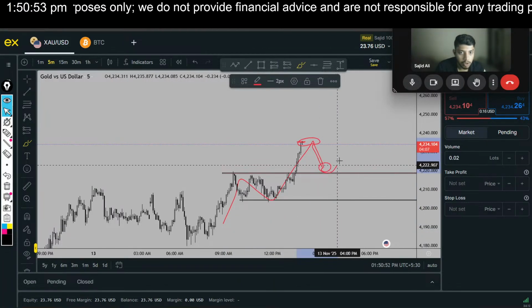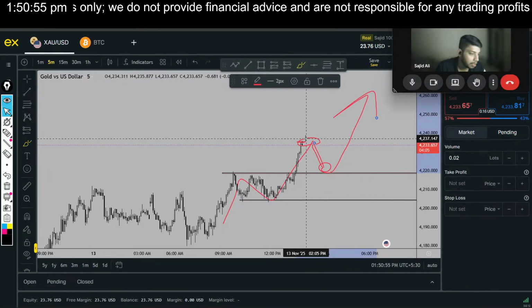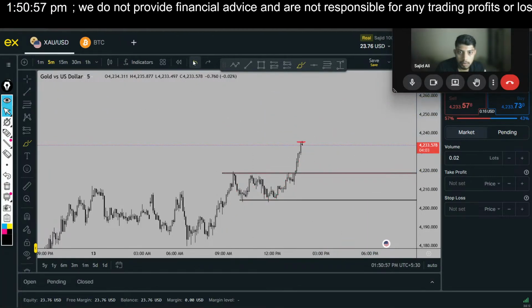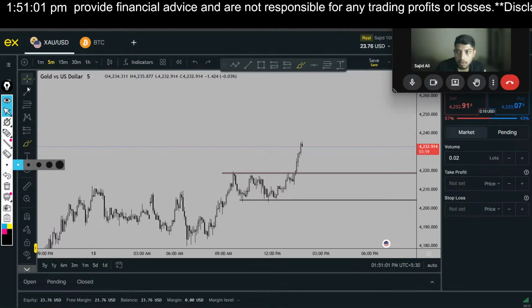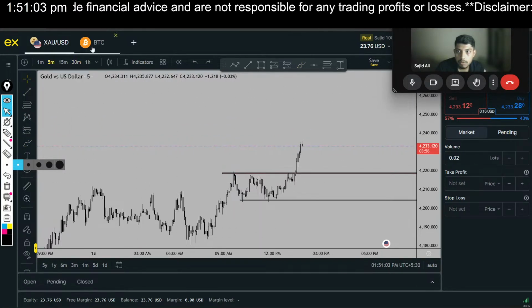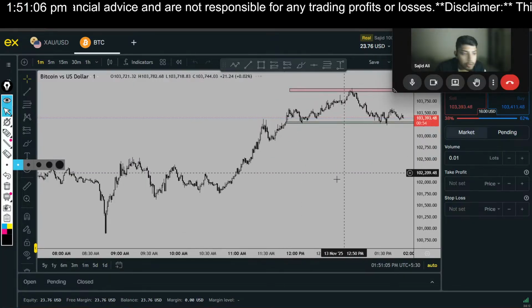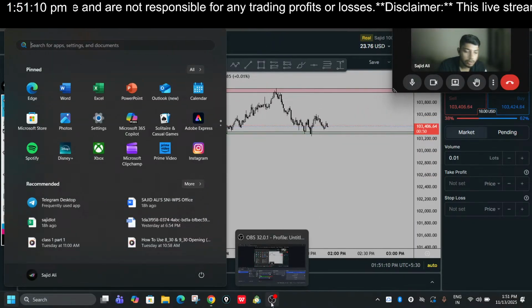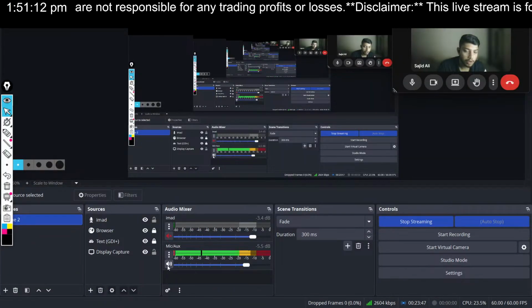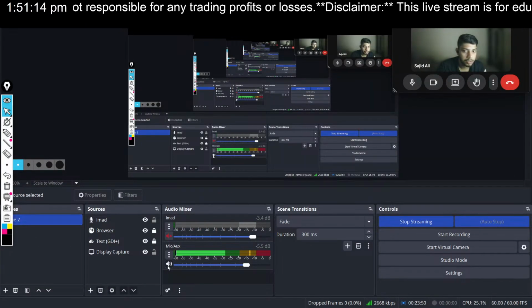After this pullback, you have to look for a buy side trade to capture a higher high. You have to understand the market structure.